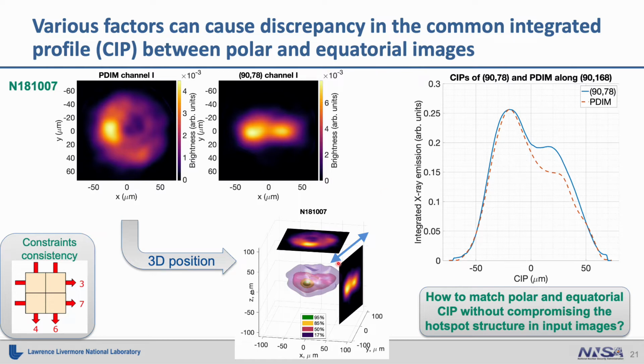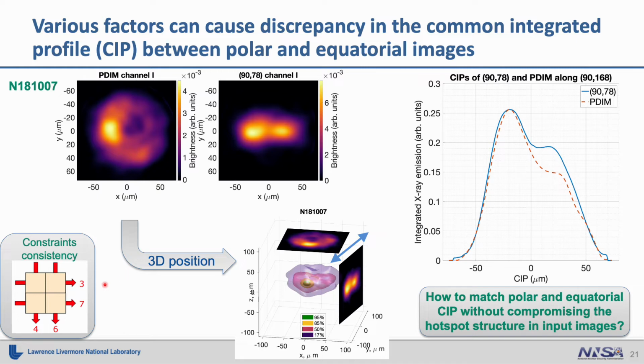CIP is namely an imaginary line here that I show with the blue area to which both the polar and the equatorial images are adjacent. And by plotting the integrated X-ray emission on this imaginary line, in this particular data set, as you can see, there is a noticeable discrepancy in the X-ray on the CIP.